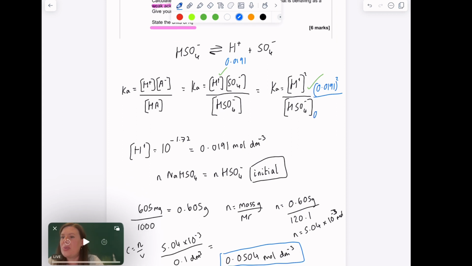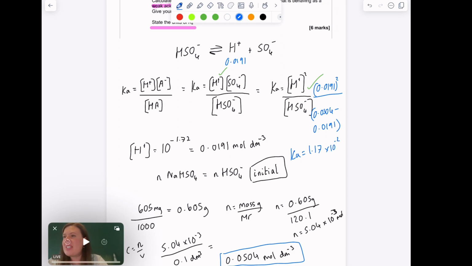So we can do 0.0504 take away 0.0191, and that would give us what we have on the bottom of that equation. Now plug that all into your calculator and you should get a Ka value that is equal to 1.17 times 10 to the minus 2.